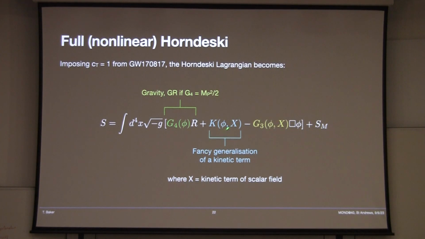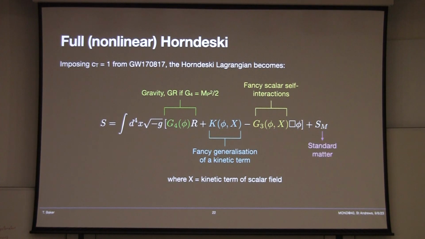We've got some function I'll call K of our scalar field and its kinetic term, which we normally call X. And this is the fancy generalization of a kinetic term. And then we've got a self-interaction term, so we've got a box phi, and again it's got a coefficient G3, which depends on phi and X again. So this is where all the non-standard interactions of your theory come in.